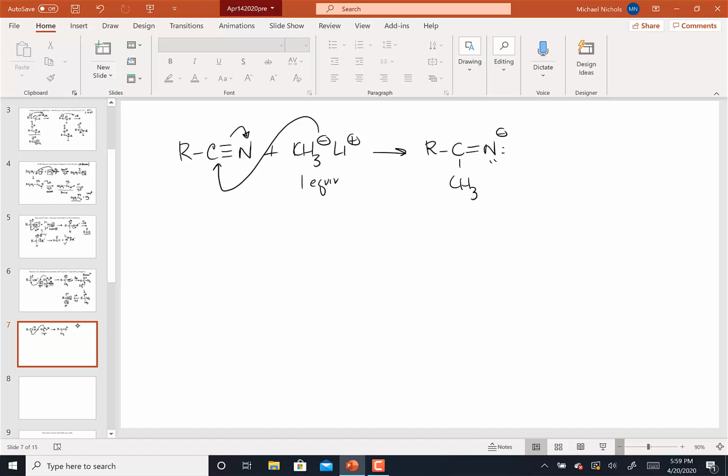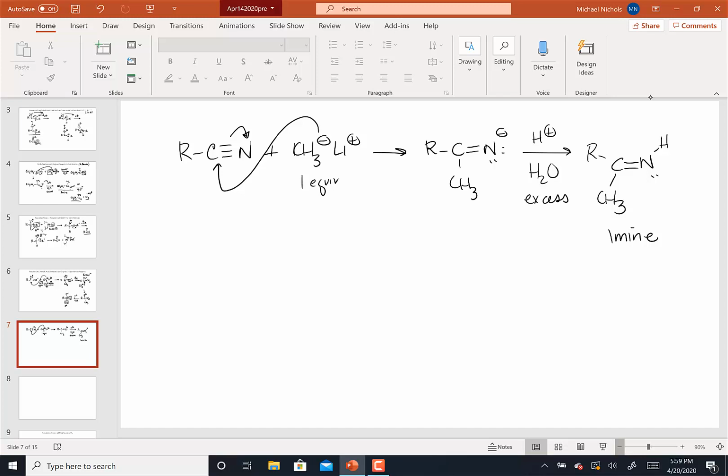What happens next? We talked about this in terms of the reduction of the nitrile, and so nothing's going to happen. The N minus is just going to hang out until it reacts with H plus, H2O. And then I'm going to end up making, again, the imine. There's going to be excess H plus, H2O added. So what happens? The imine is unstable.